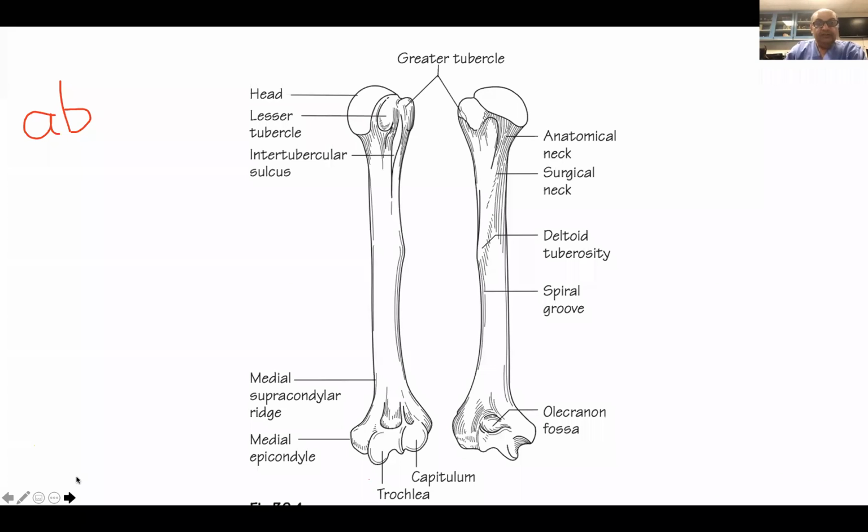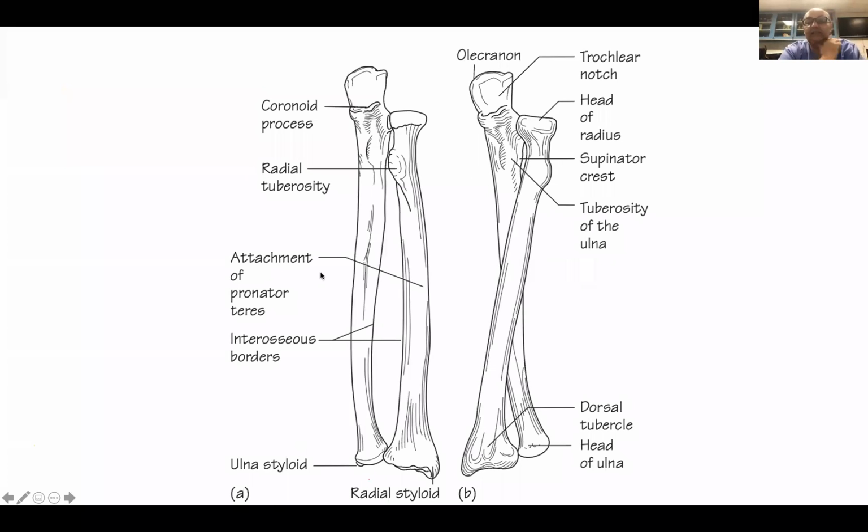Okay, guys, so now we are looking at these bones, radius and ulna. For radius and ulna, you remember I posted one question in the discussion forum about pulled elbow. For the pulled elbow, you wrote half the answer right and half not right.